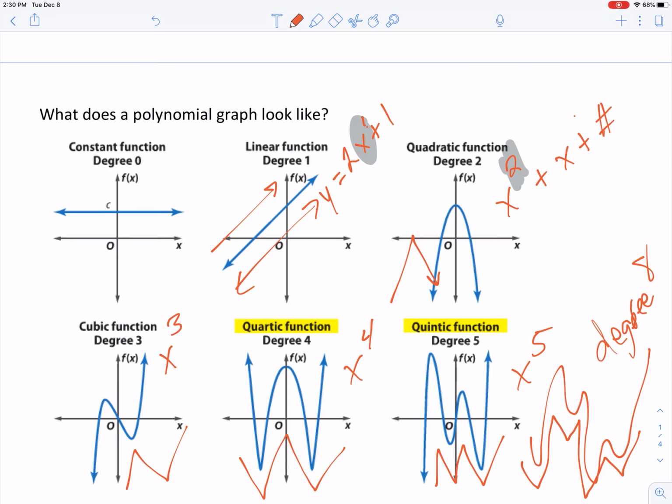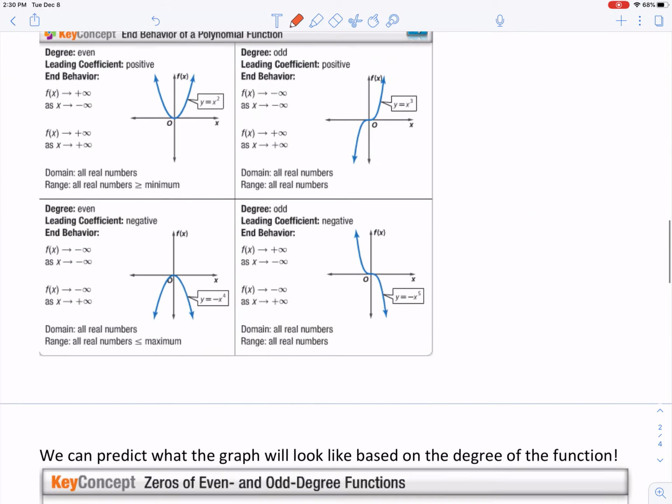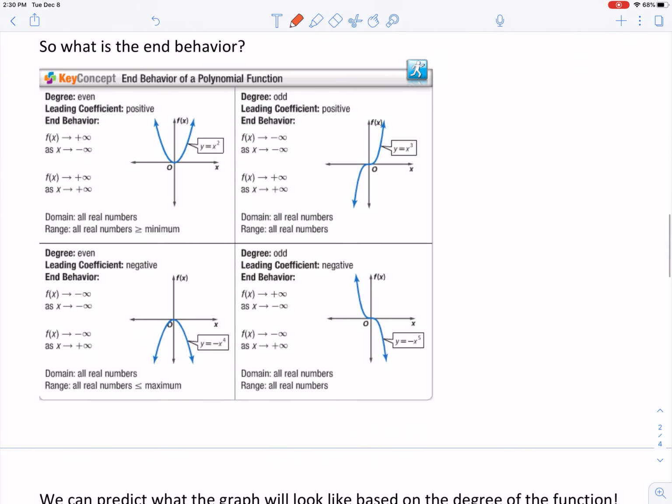What is interesting about this is we're going to call this even and odd functions or polynomials. Actually, no, we're going to talk about end behavior first. End behavior is where the graph is going at the end of the graph, okay? So as this first one goes to the negative x direction, so as x goes negative, the function goes up, it goes to positive infinity.